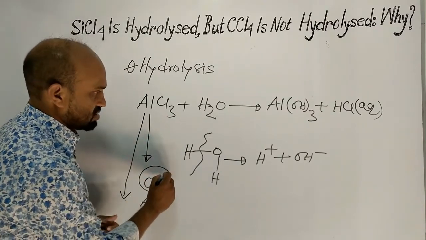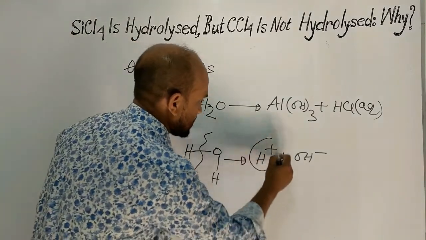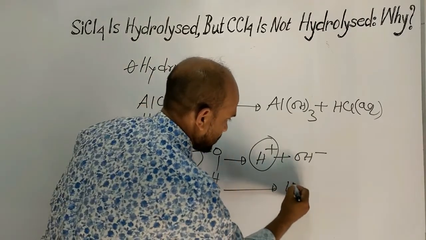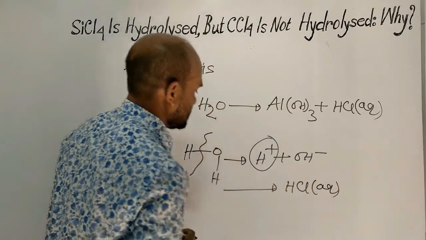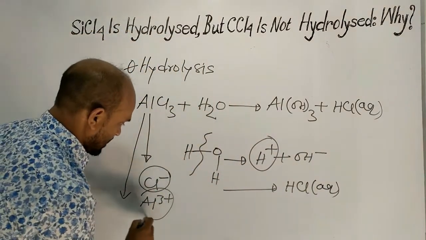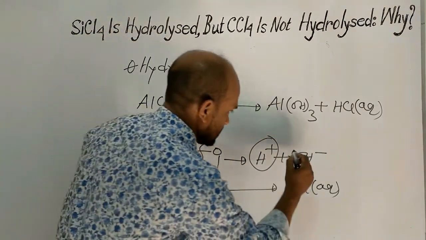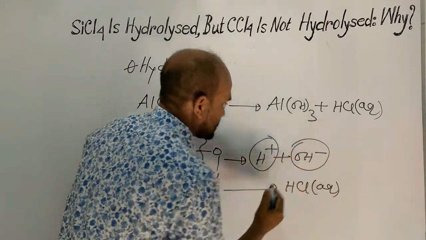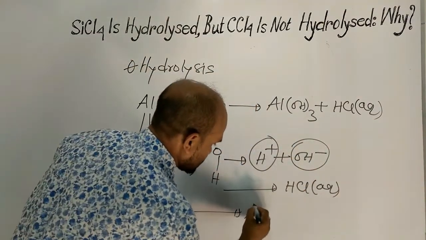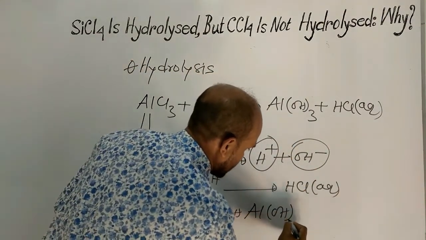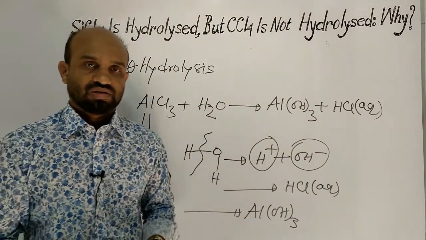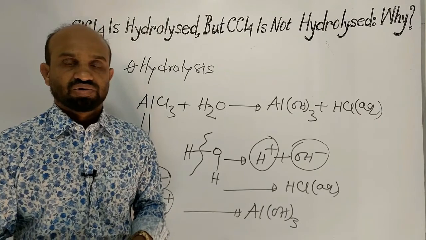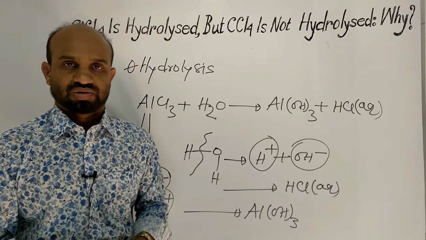Chloride ion combines with hydrogen ion to form hydrochloric acid, and aluminum ion combining with hydroxide ion forms aluminum hydroxide. So in this reaction we see that the water molecule undergoes breaking of bonds.